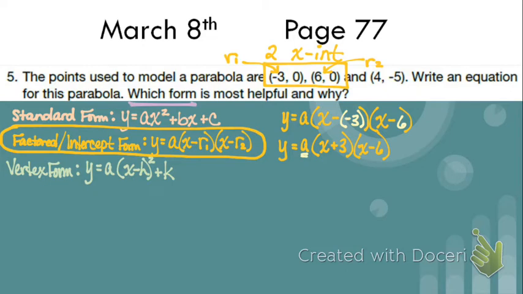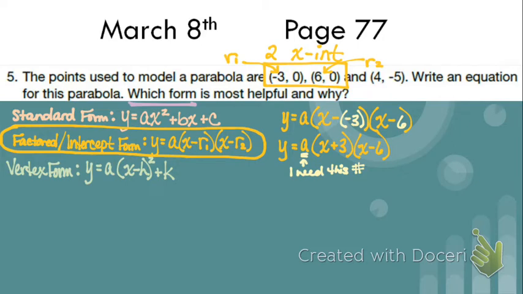I need this. How can I find it? You can solve it by taking y and x with that third. They gave me a third point.